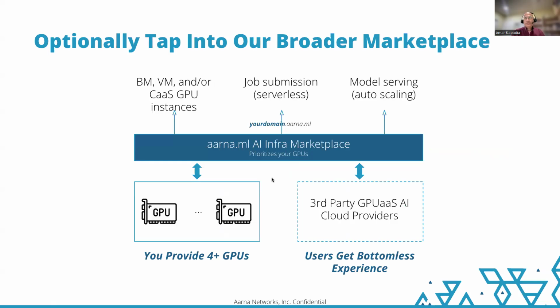So your users, when they run out of the 4 GPUs that you offer, they will get access to unlimited, within reason, I'll put quotes around the unlimited, inexpensive GPUs through our marketplace, third-party GPU as a service AI cloud providers. So this is a way where you can offer just 4 GPUs, but your users get an experience of a much larger quantity.